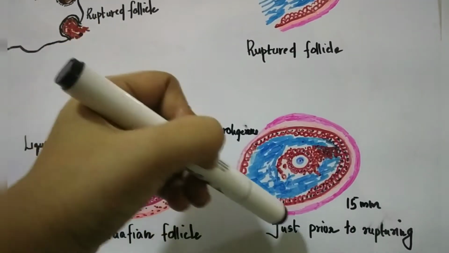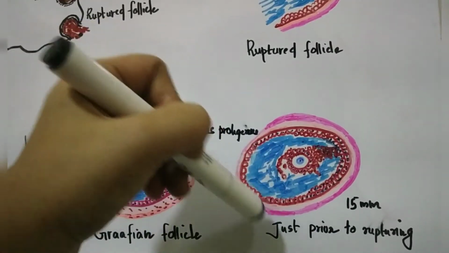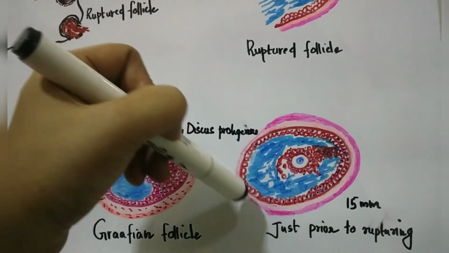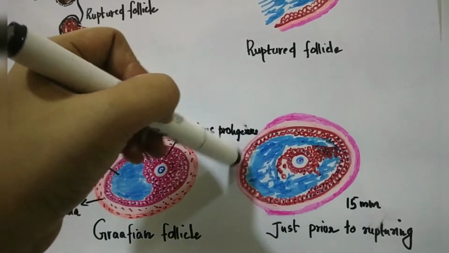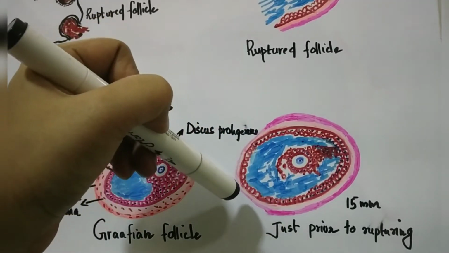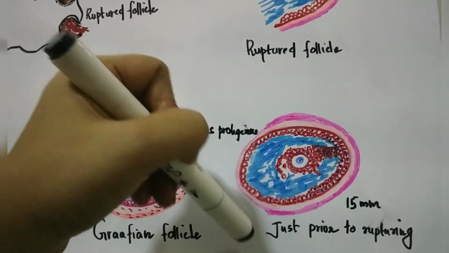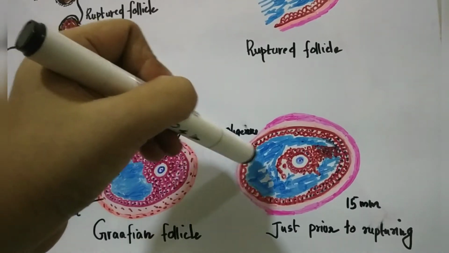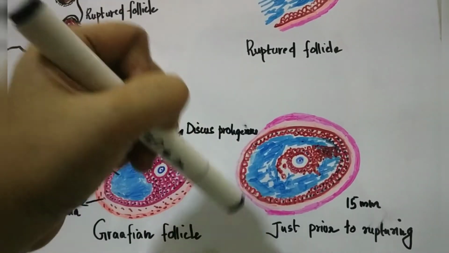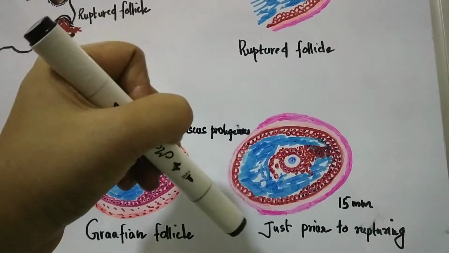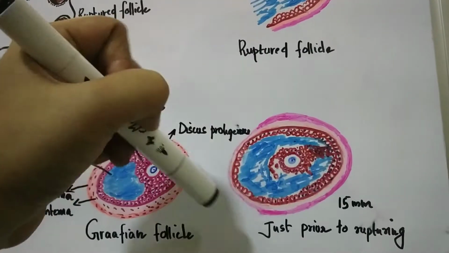The stromal and thecal layers, which bulge at the wall of the ovary, get thinned, and suddenly an avascular spot is formed, that is, a stigma is formed. This results in the sudden rupture of the follicle, and the secondary oocyte is released.